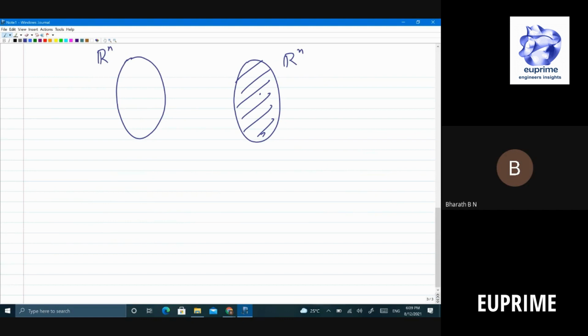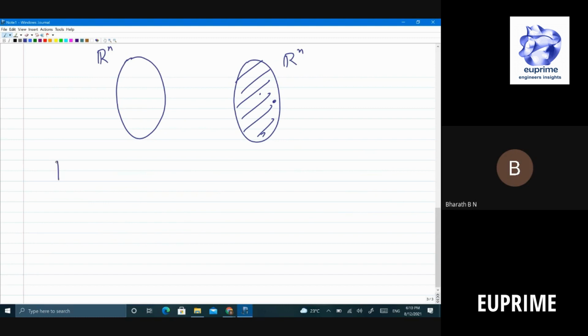What do you mean by that? You take any point in the range, any vector. There should be a vector here that gets mapped to this vector, right? I'm not saying it should be unique, but there should be at least one vector that gets mapped to this vector, right? So let's write that formally.